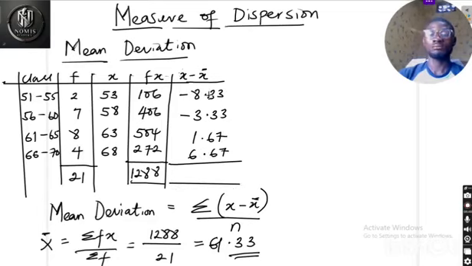Actually we have minus values. So what we need is to find the absolute value, meaning that we should just take the absolute value of these parameters.